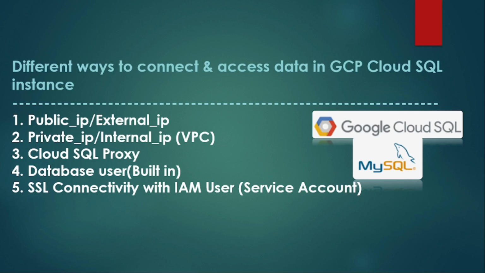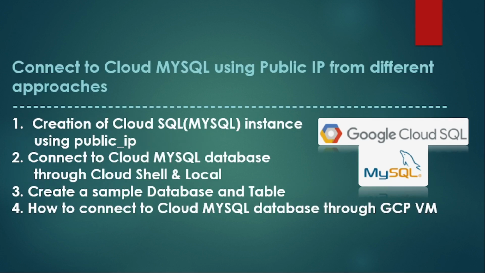We can connect to the Google Cloud SQL instance, access the data, and perform the various transformations required. So these are the various ways we can access the data from the Google Cloud SQL instance. Let's move on to the practical approach.